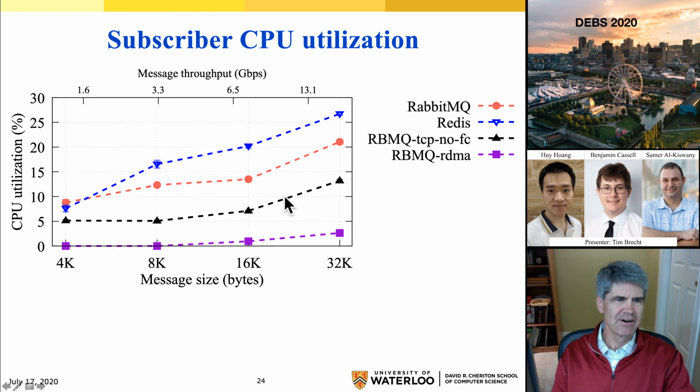RabbitMQ is slightly better, and we see that the RocketBufs version of RBMQ is significantly better because it avoids all that data copying overhead. It makes the buffer directly available to the application. And the key takeaway here is that for these various sizes, RBMQ has very negligible CPU overhead.